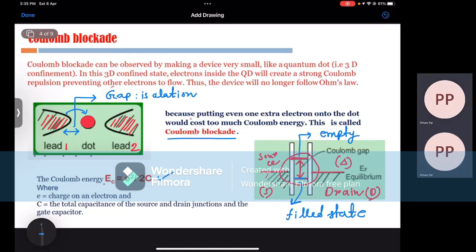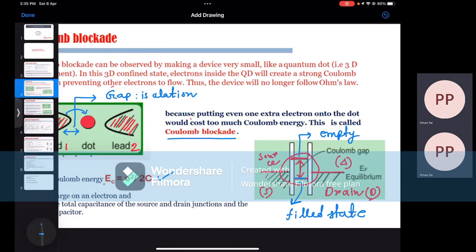This Coulomb gap increases, right? This Coulomb gap increases if the size of the quantum dot decreases. Obviously, it means a large amount of energy needs to be supplied if you want to move an electron from the source to this dot, right? So the same situation is shown here.